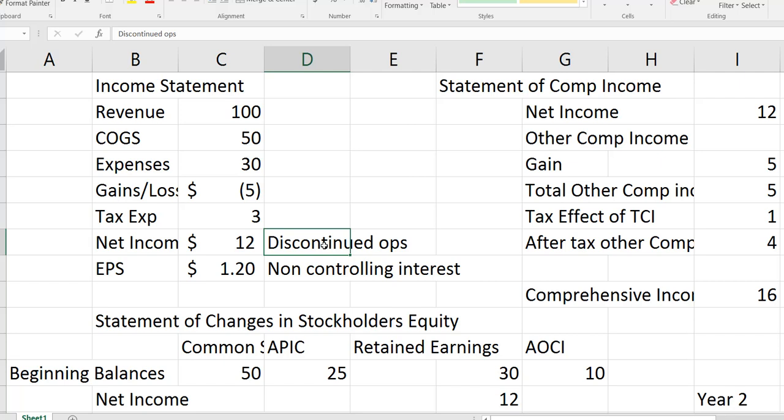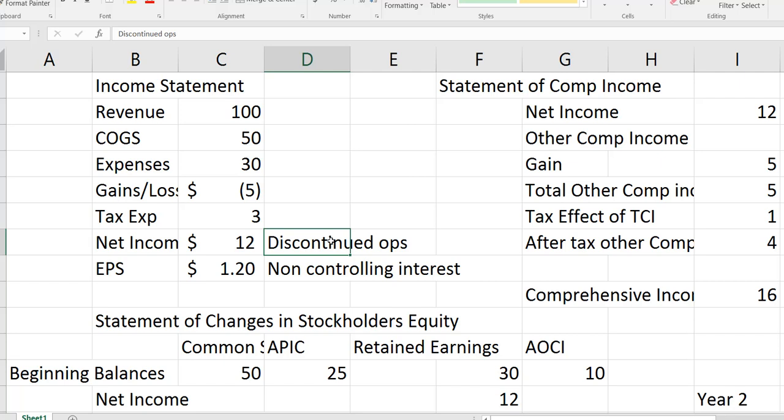But the best way to typically do that is to build yourself two income statements, one for the part of the business that's being sold or has been sold, and one for the part of the business that's being kept. The income statement for the part being discontinued gets summarized into one number after taxes and after tax expense, but before net income.